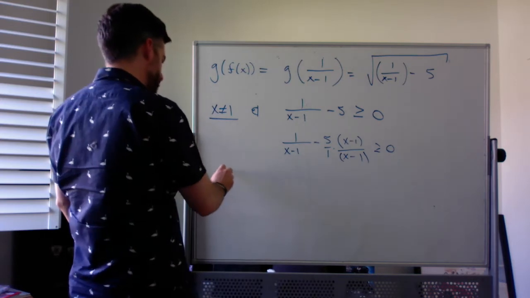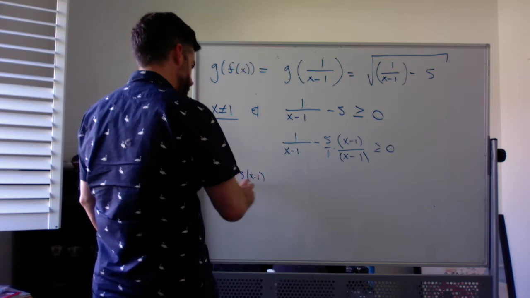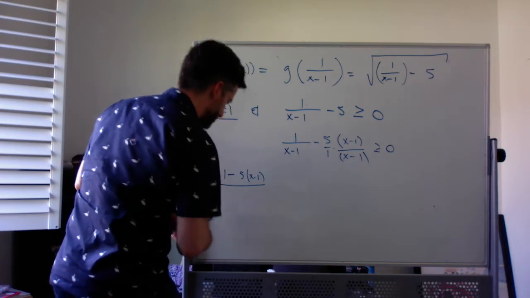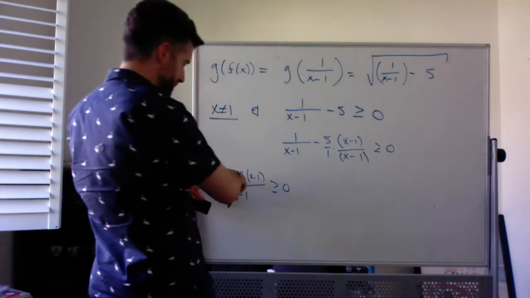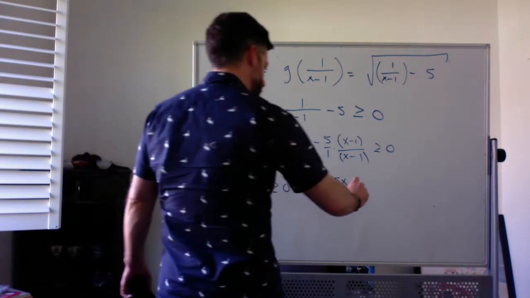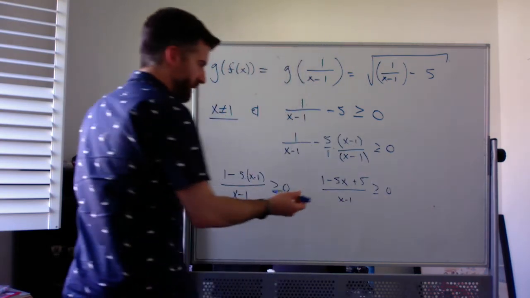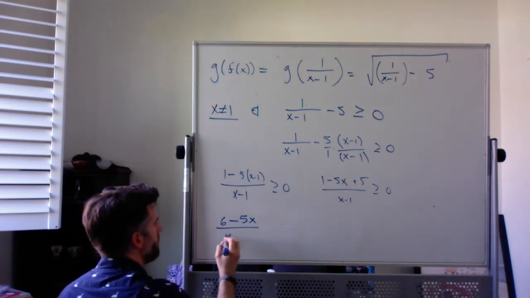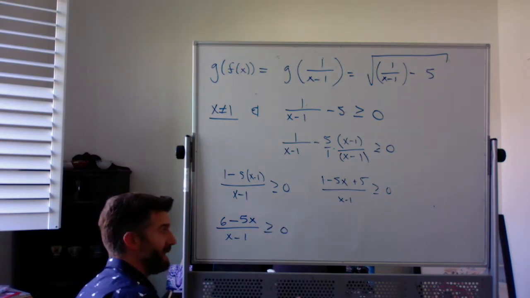And then I'm going to rewrite this as 1 minus 5 times x minus 1 over x minus 1 greater than or equal to 0, which is then going to become, so I'm going to distribute the minus 5 and get 1 minus 5x, minus 5 times minus 1 is plus 5, over x minus 1 greater than or equal to 0. And so finally, on top I've got 6 minus 5x over x minus 1 greater than or equal to 0.